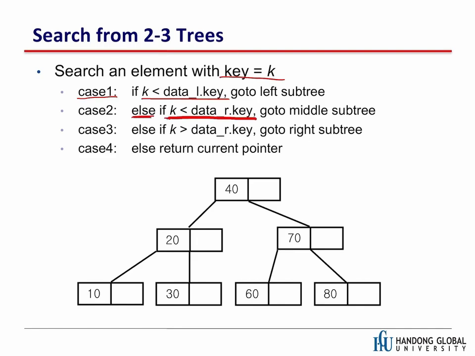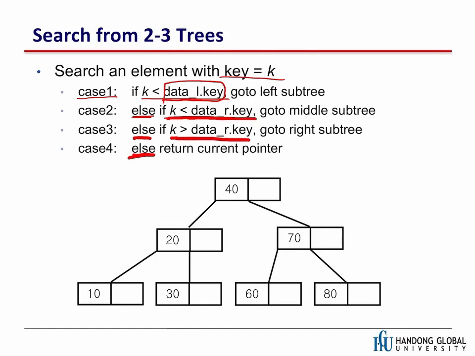We have else here, so it means now k is larger than or equal to data L key, and k is smaller than data R key. Else if k is larger than data R key, then go to the right subtree. Else means k equals data L key or k equals data R key. In that case we found it, then we have to return the node.